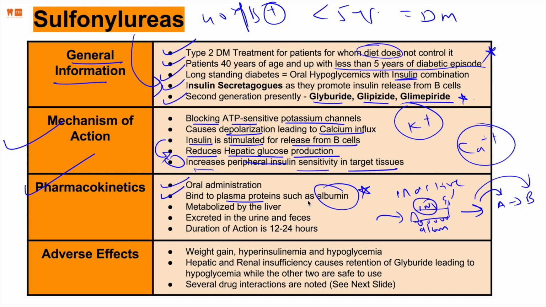So it increases the duration of action. Okay, it is metabolized by the liver, and it's excreted in the urine and feces, and duration of action is 12 to 24 hours because of this reason.